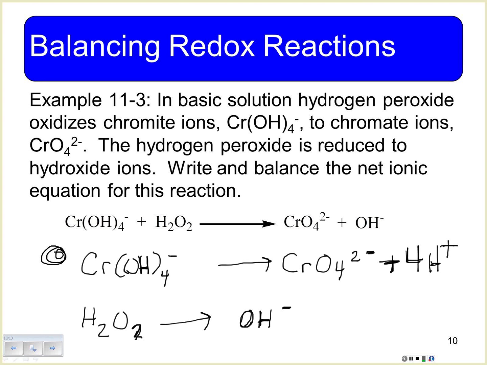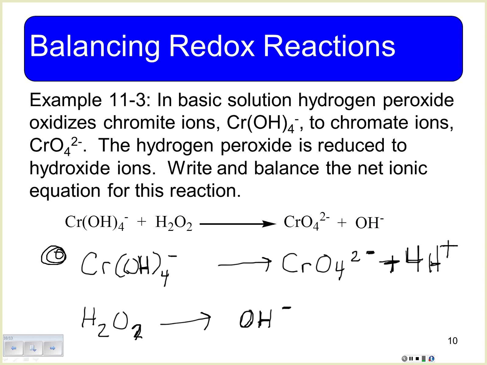So we want to add up the total charge on each side. You can imagine that this arrow here is an equal sign, so it's got to equal each other. On our left-hand side, we have a negative, that's an understood 1. We have no coefficient here, or it's a 1, so we have a -1 charge total on the left side.